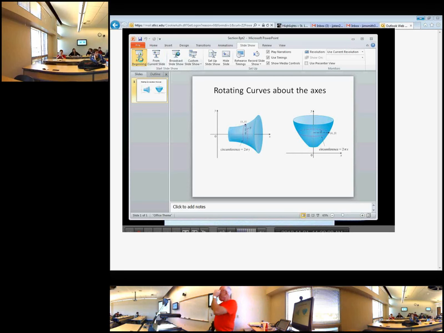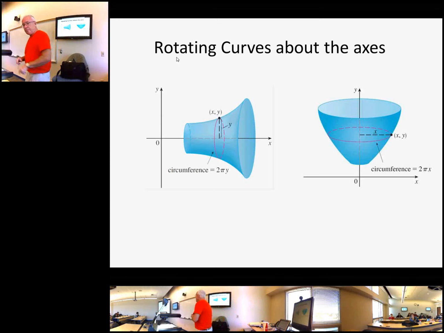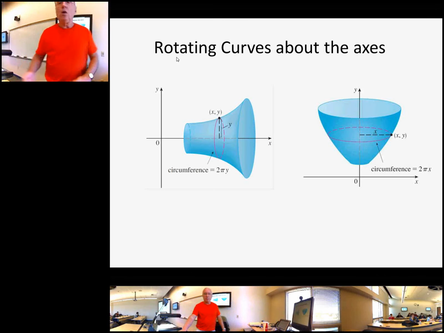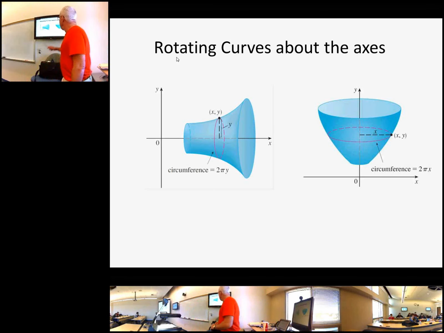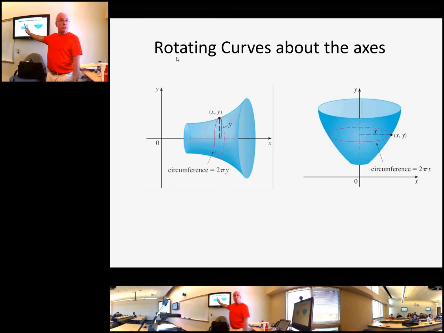All right. So here we've got, basically, a curve. Here's the curve, say right here, or here's the curve right here. Okay, either one. We're starting off with a curve. And in this case, we're revolving this curve around the x-axis. And in this case, we're taking our curve and revolving it around the y-axis. All right, so we could do either one or the other.